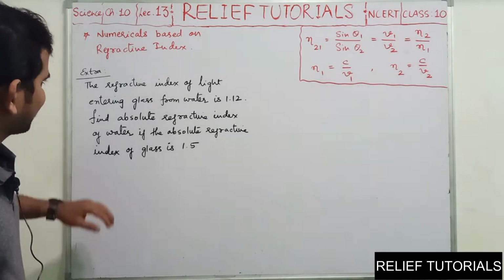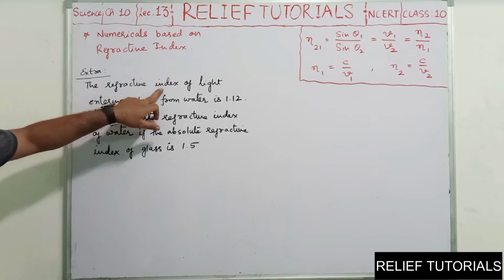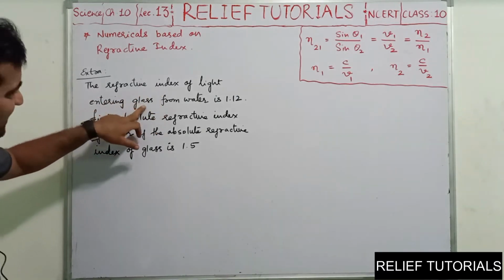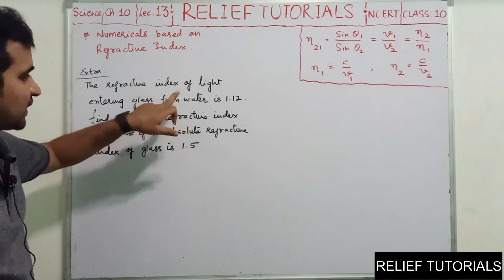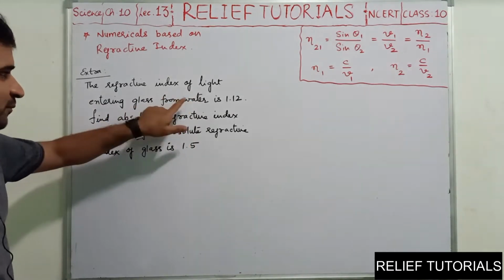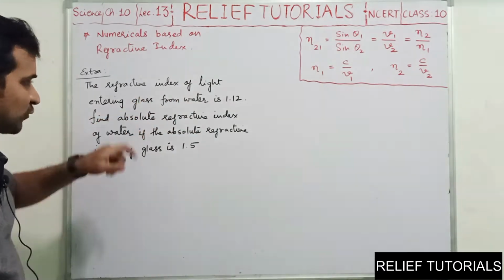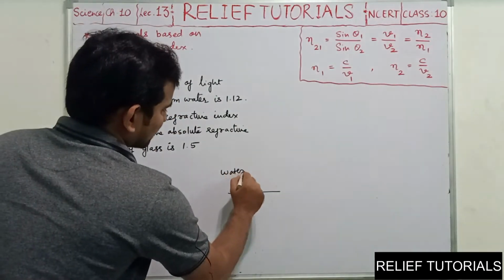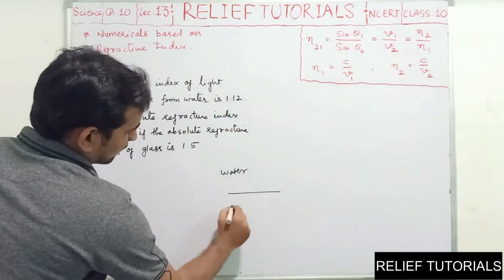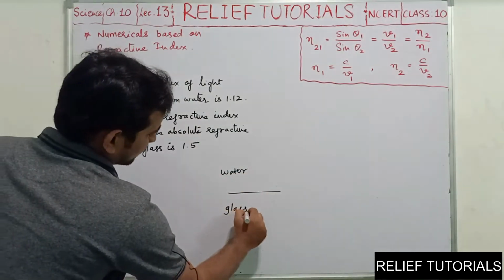One more example. The refractive index of light entering glass from water. So the incident medium is water, the refracting medium is glass. Medium number 1 is water, medium number 2 is glass. The ray enters from water to glass.